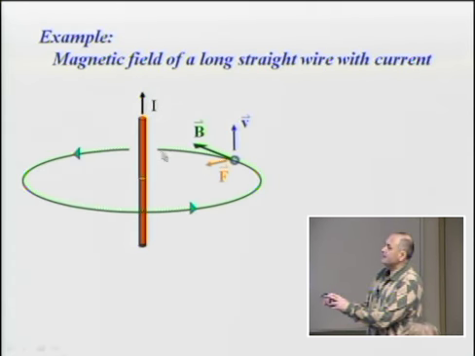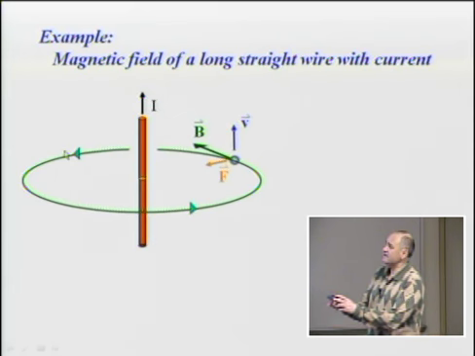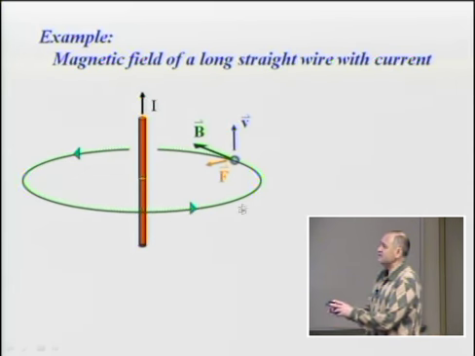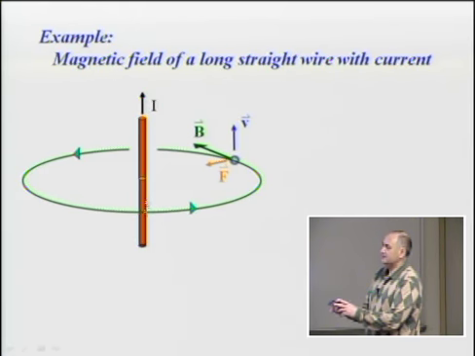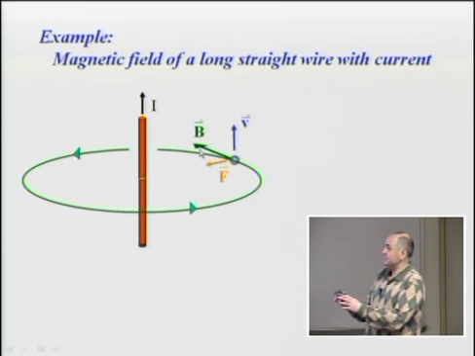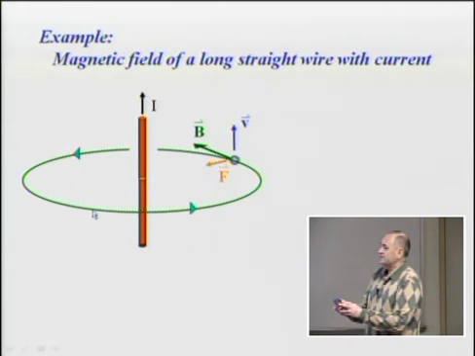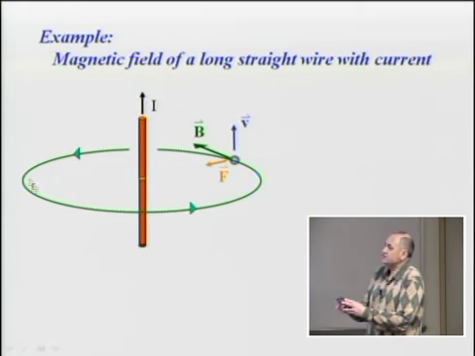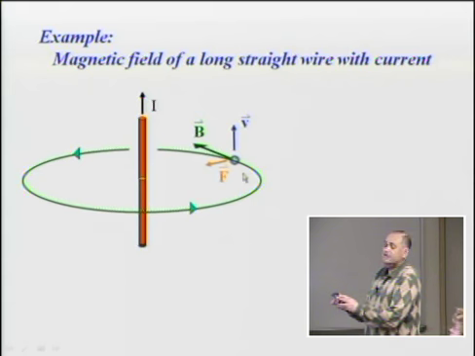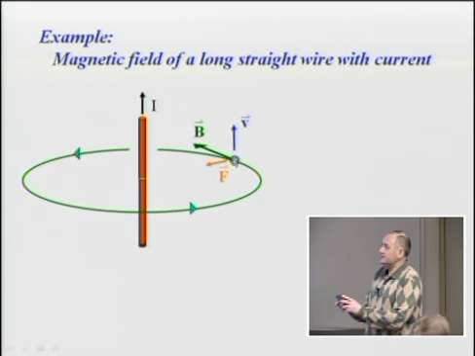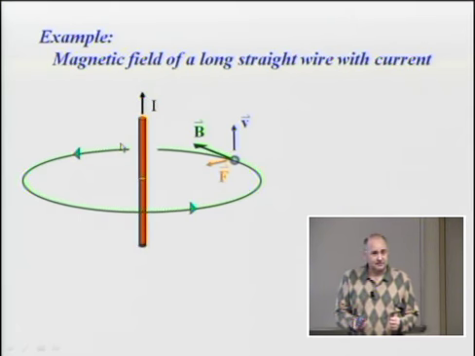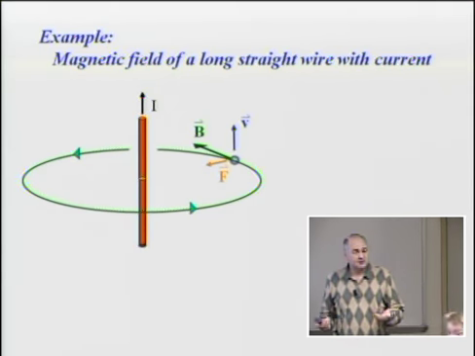And I can recognize that everywhere along this line, if I imagine a line concentric with the wire, again from rotational symmetry, I can conclude that everywhere along this circle, magnetic field will be tangent to that circle, and the magnitude of magnetic field will be the same.